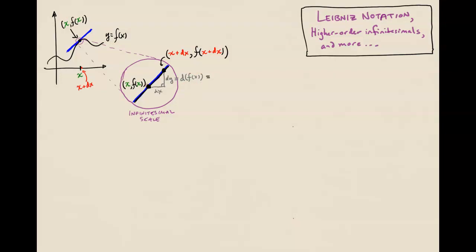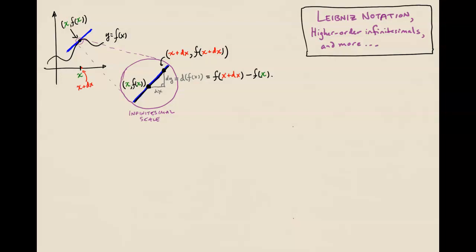Well, the function's output was originally f of x, and then after this little change in input, the function's output was up here at f of x plus dx. This change is going to be f of x plus dx minus f of x. So given d of any little function like this, you can always expand it into a form like this, and you'll have some exercises in the book to that effect. It's important for us because it gives us a nice way to express the derivative.